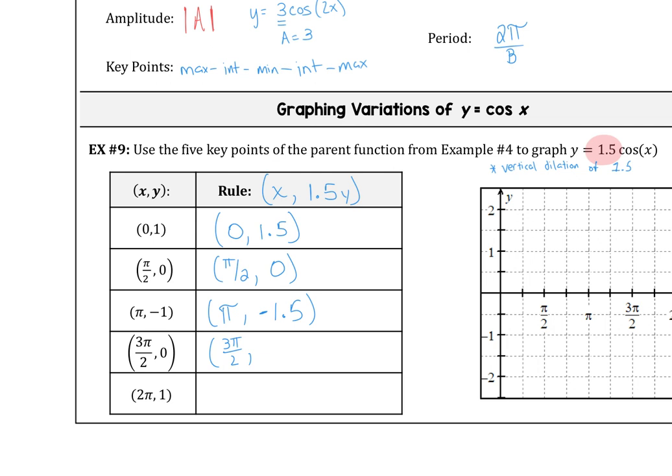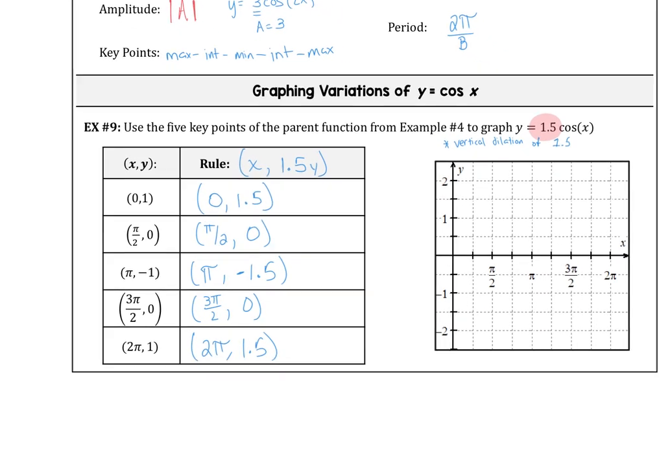Again, the x values are not affected at all. But then 0 times 1.5 is 0. And then 2 pi stays the same. The x coordinates don't change. 1 times 1.5 is 1.5. Okay, so we'll plot those points.